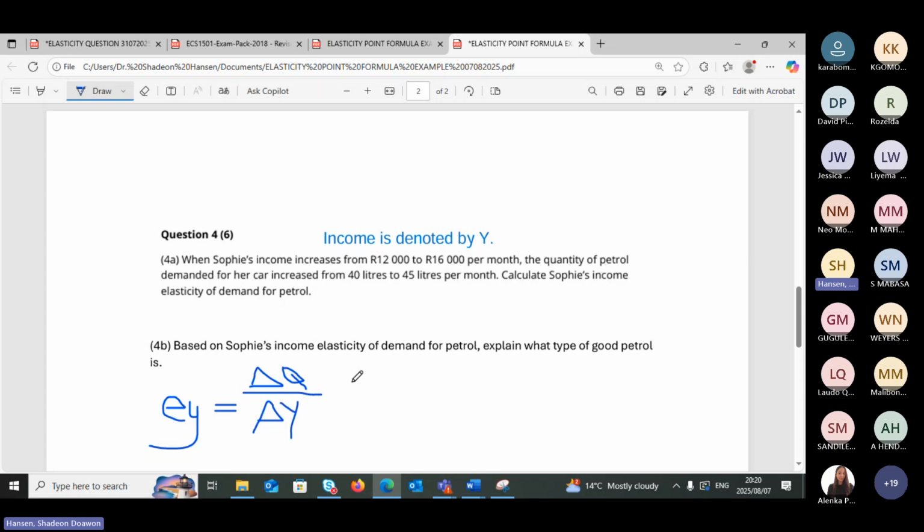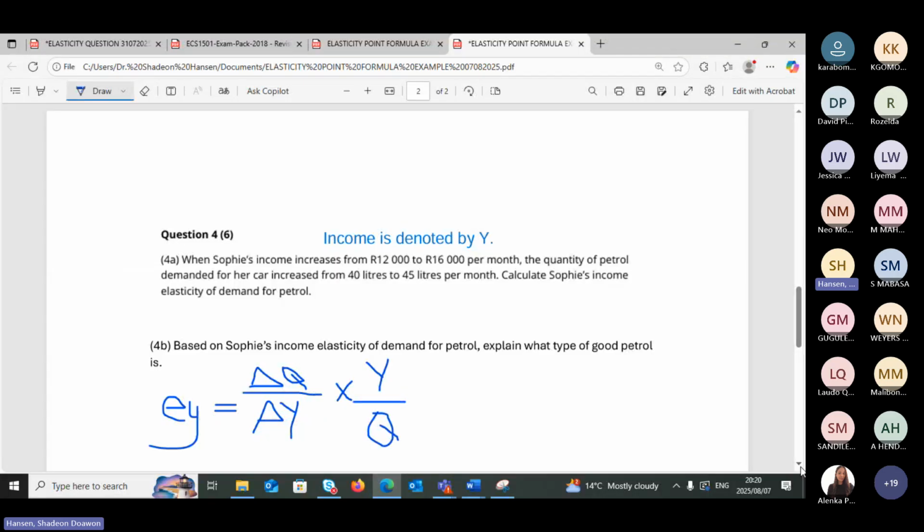And of course, we multiply that, students, by the income over the quantity. Now, please note for this formula and for this instance, students, we are going to use the default, the first income, right? And the first quantity demanded, in this example.